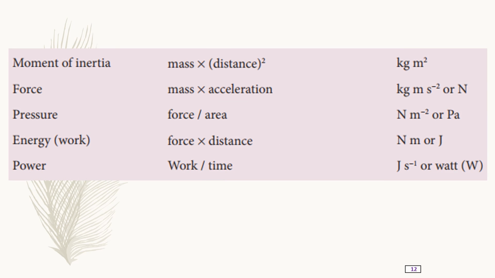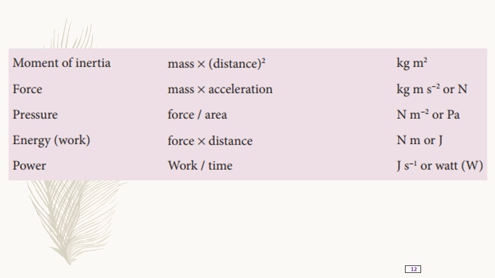Moment of inertia. The formula is mass into square of the distance. So kilogram meter square. Force, mass into acceleration. So unit is Newton, or it can also be kilogram meter per second square.